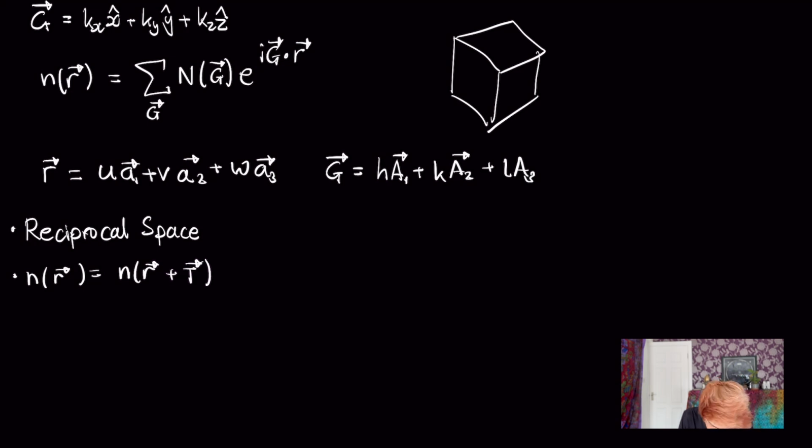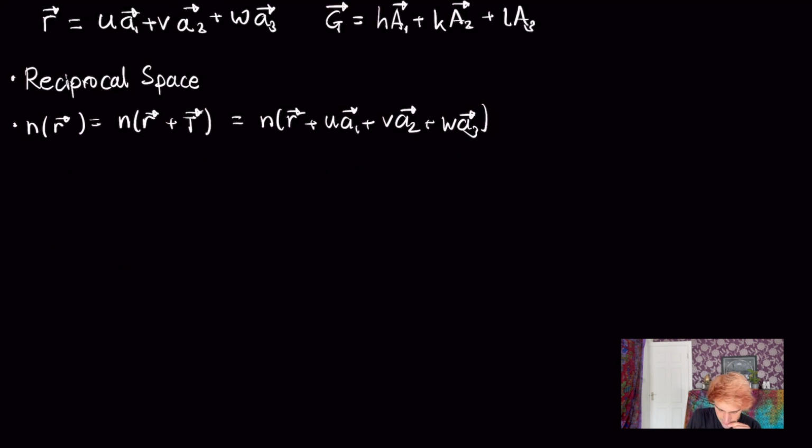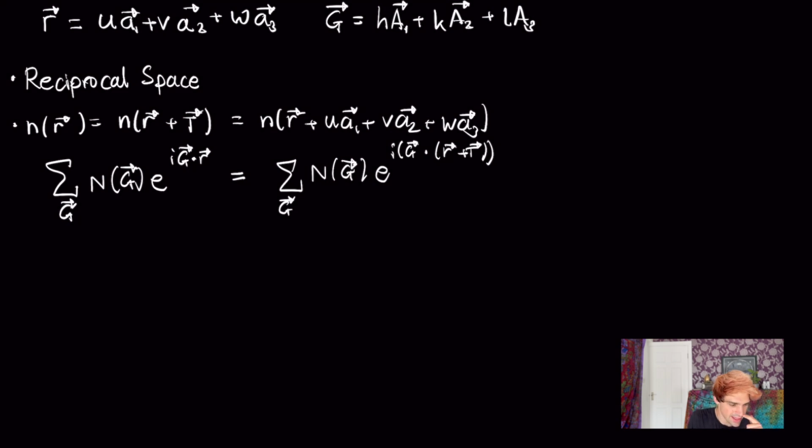Writing this all out, this must be equal to n of r plus u a1 plus v a2 plus w a3, using the definition of r right here. So writing out n, our periodic function, as our summation, we get this right here.